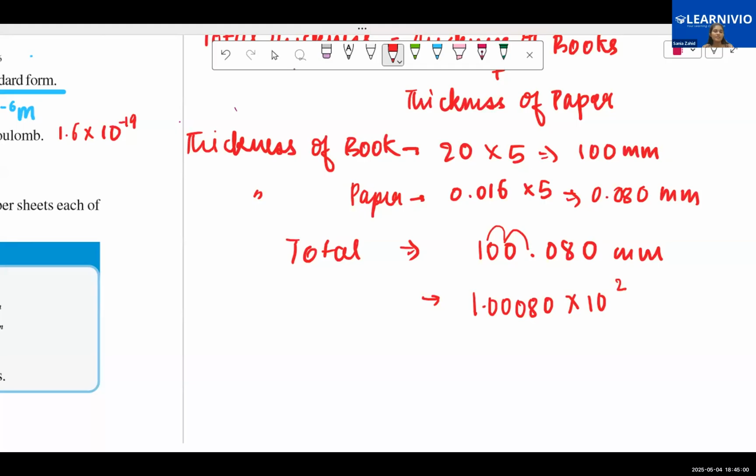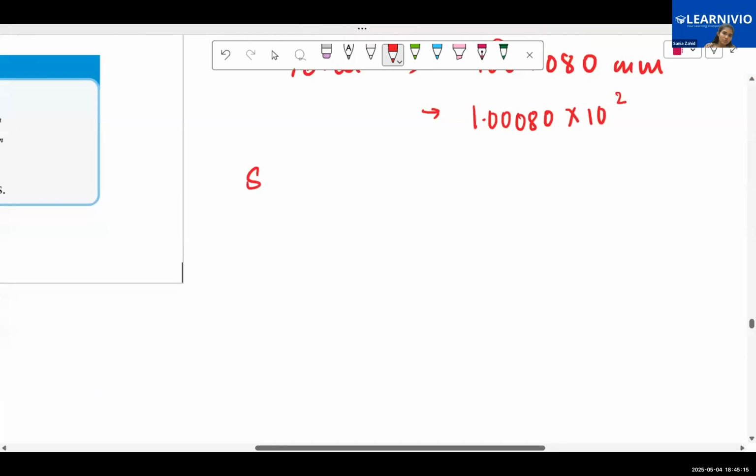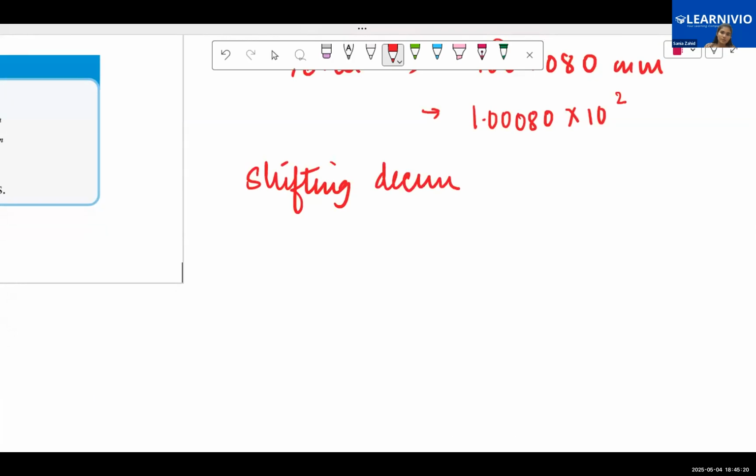No, why negative, Arvind? See, when I'm shifting my decimal to the right hand side, my power becomes negative. But when I shift my decimal towards the left side, you will write power as positive. You can note it down. Shifting decimal.